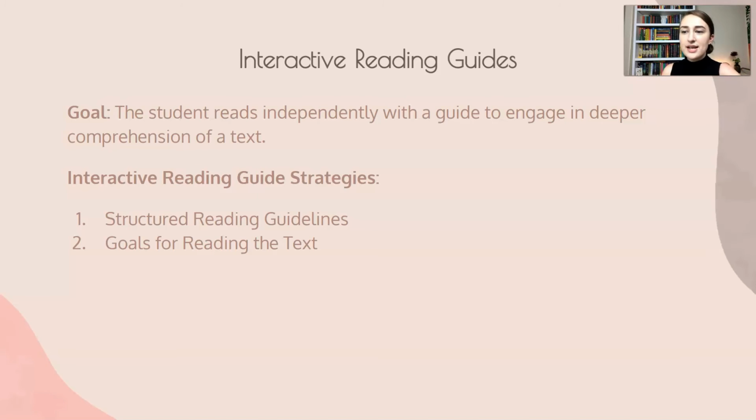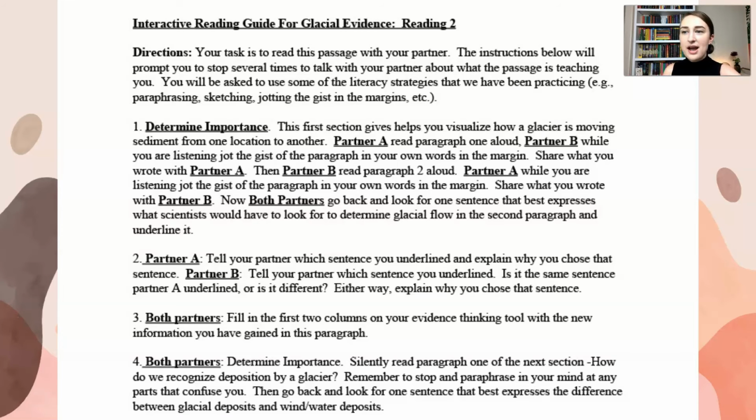Some interactive reading guide strategies are that you have a structured reading guideline and some goals for reading the text. So maybe you have an interactive reading guide that looks something like this. You have a protocol that students follow. This is an example of a protocol where the guide tells them exactly who is reading, when they are reading, what they are thinking about, but they are working through it independently.